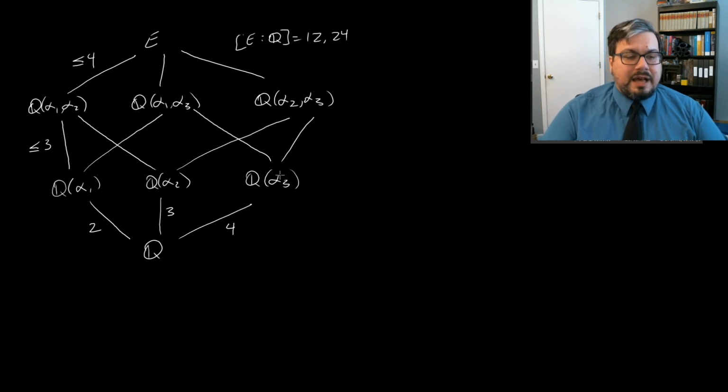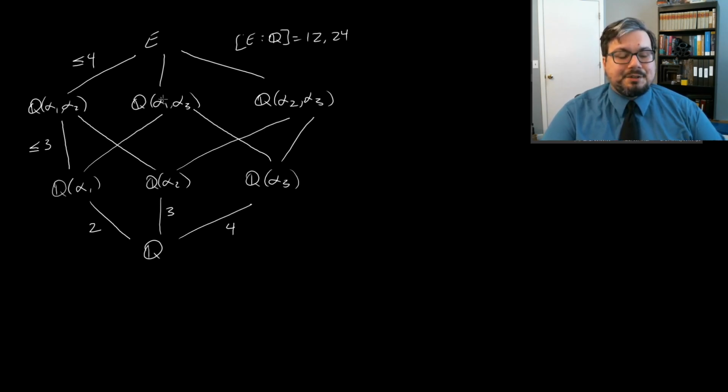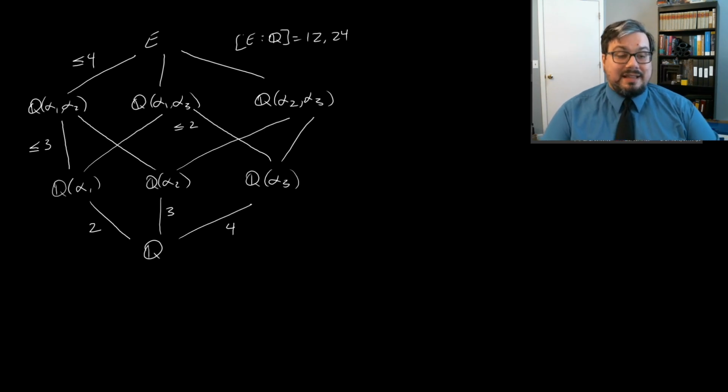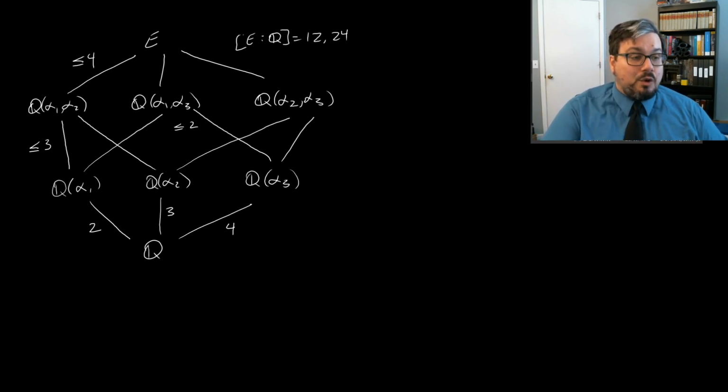I want to look at what happens when we go along the path that can't have a degree of 3. When we go from Q(alpha 3) to Q(alpha 1, alpha 3), we're throwing in alpha 1. And we remember that alpha 1 is the root of a polynomial of degree 2, which means the path from Q(alpha 3) to Q(alpha 1, alpha 3) has to have degree less than or equal to 2, which means it has to have degree 1 or 2.